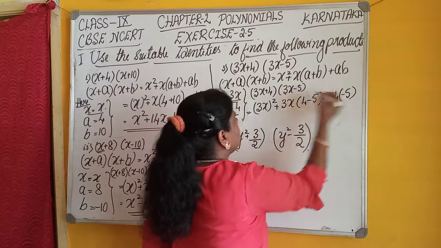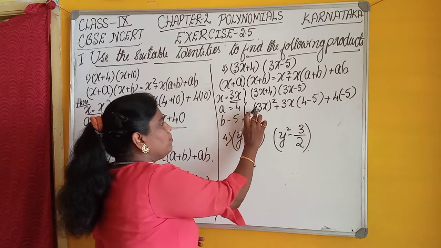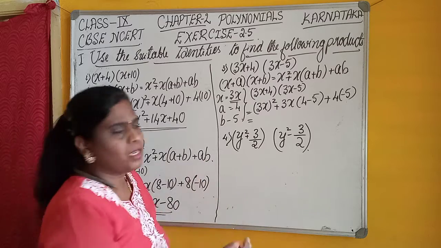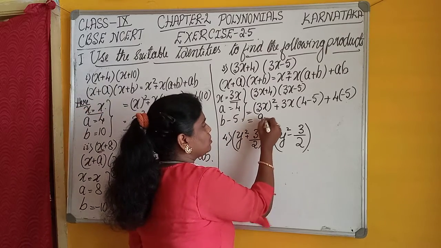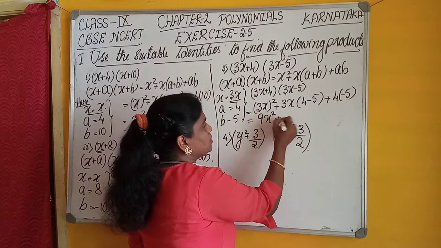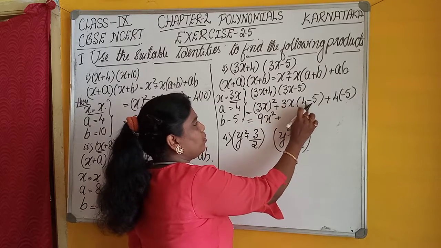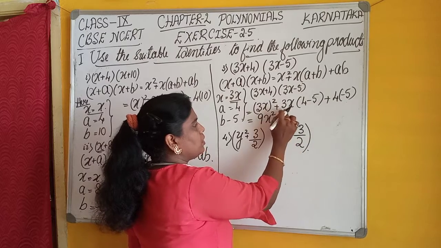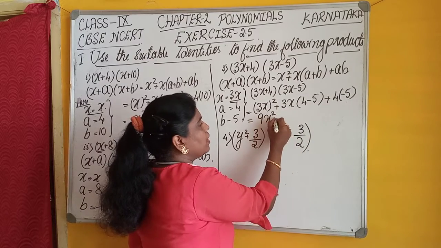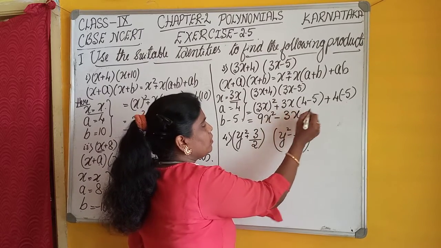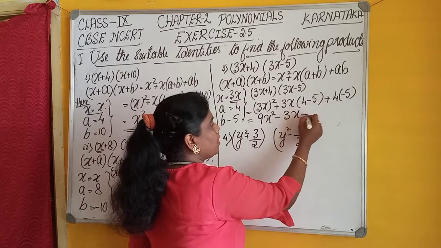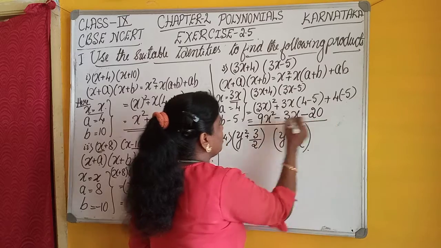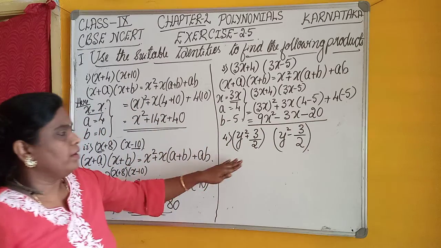Solving this, (3x) whole square is 9x square, plus 4 minus 5 is minus 1, minus 1 into 3x is minus 3x, and 4 into minus 5 is minus 20. Okay, we got the product here.